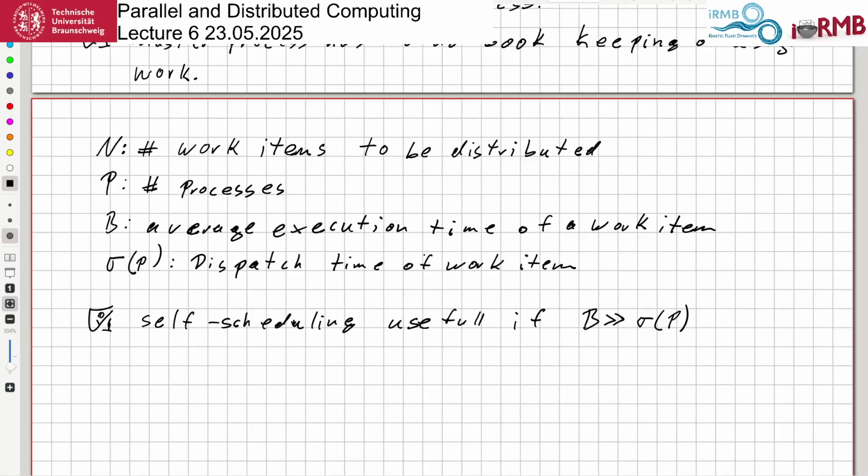Then it's better to make it yourself. Because the dispatch time is the time that you need to actually pick up the work. So why is this a problem? This is a problem because the bookkeeping is something serial.